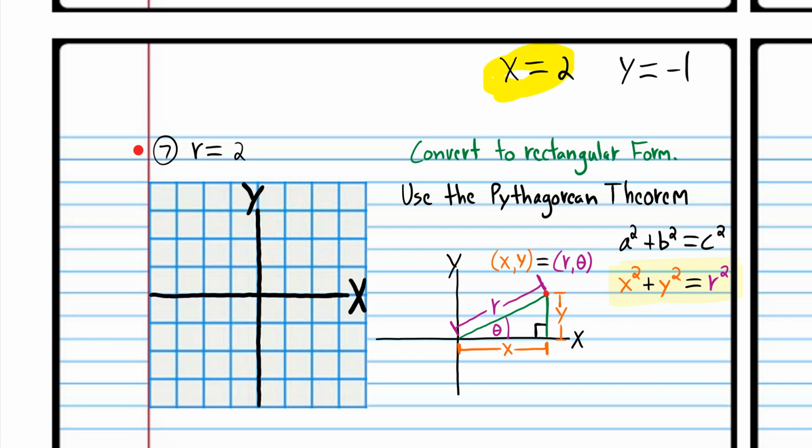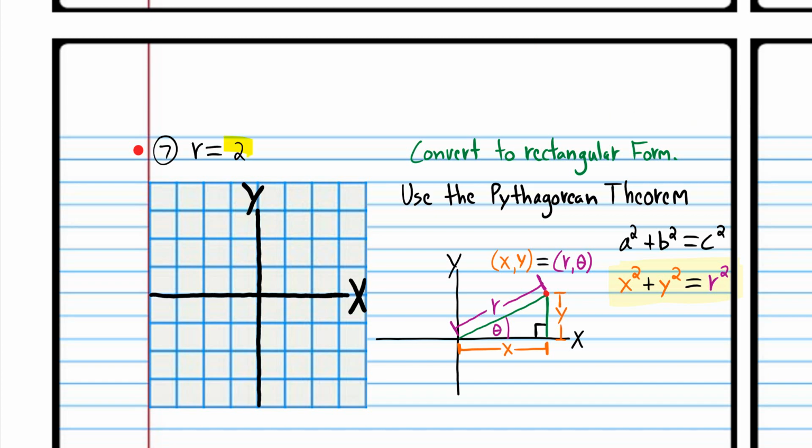In this equation, y is not there, and in this equation, x is not there. So it's kind of weird. We interpret this to mean that the x value is always equal to 2, and the y values can be anything. So it's going to be a vertical line at x equals 2. This means that the y values have to be negative 1, but the x values can be anything. So that means it's a horizontal line at y equals negative 1.